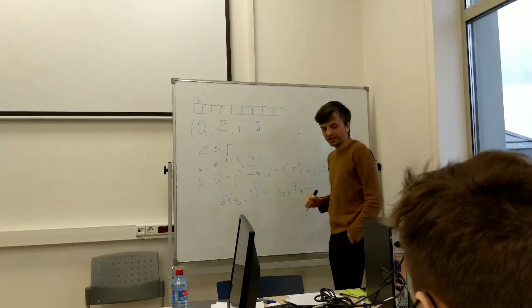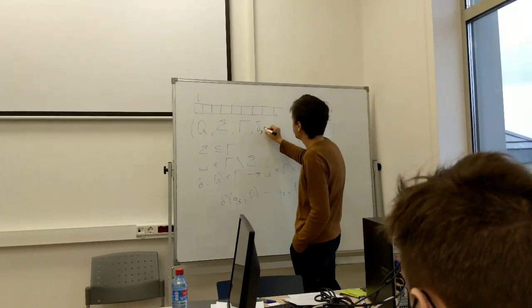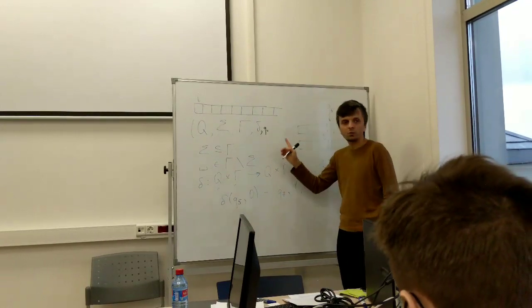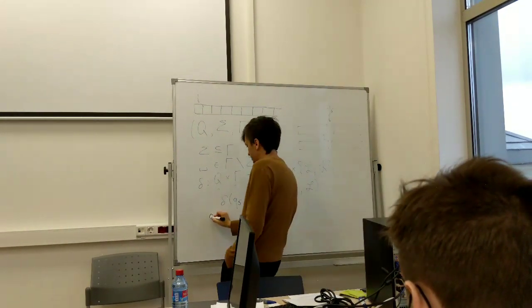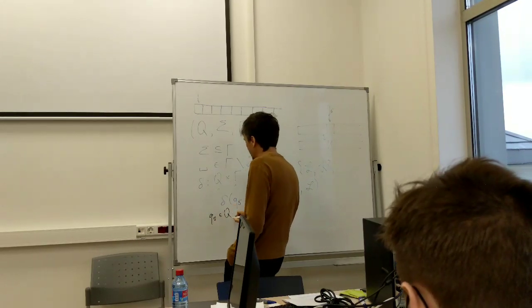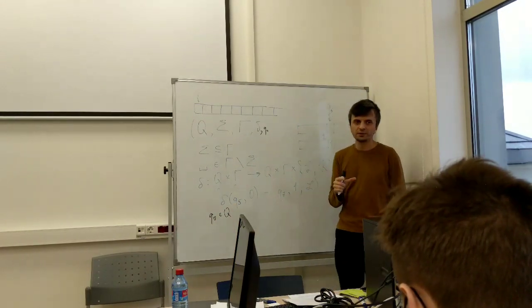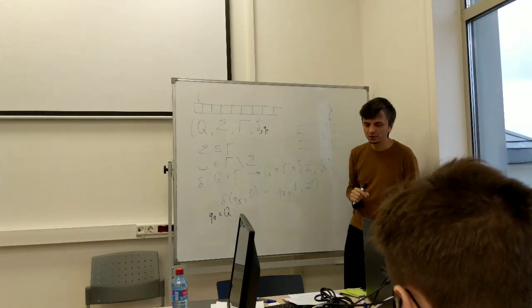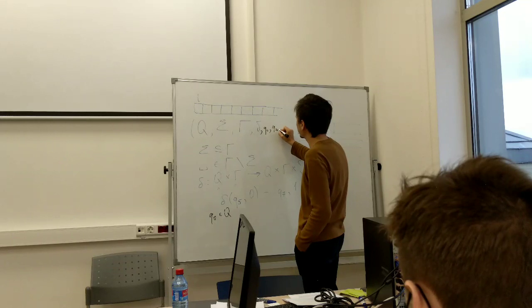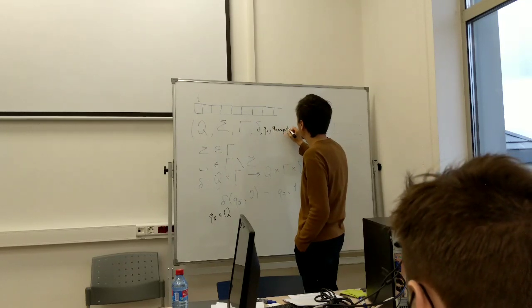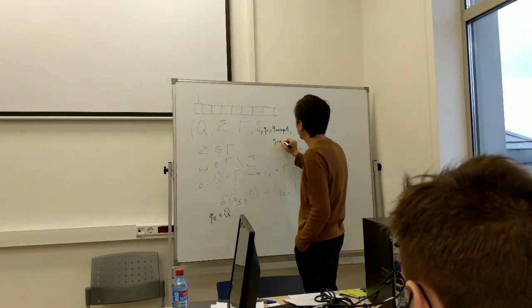Right. So what else do we have? We have an initial state Q0. So Q0 is from Q. This is the state in which the machine starts its computation. And then we have two other states, Q accept and Q reject.